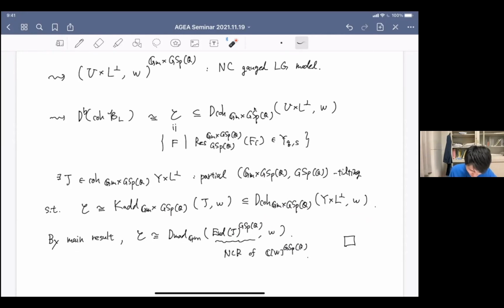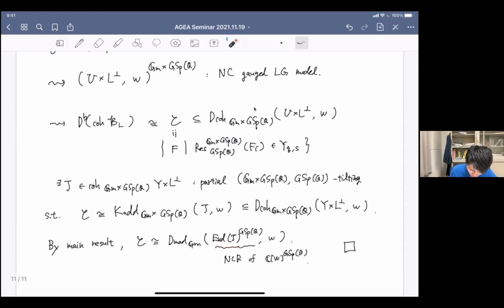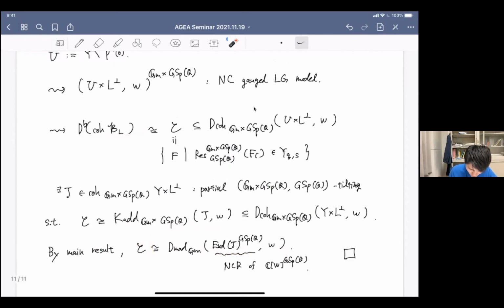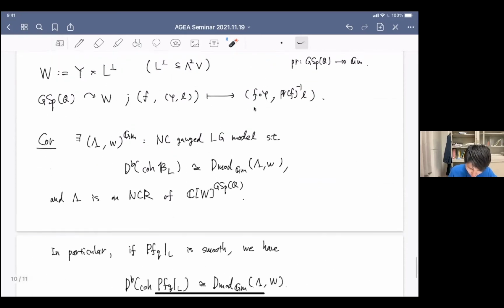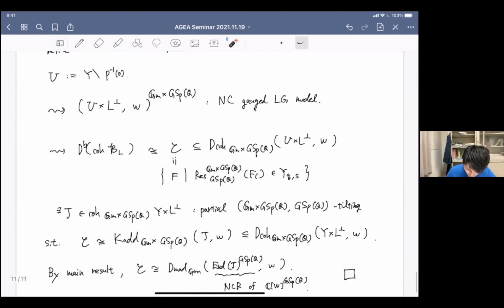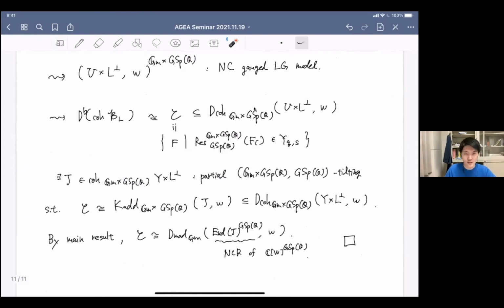So by the main result, this category is equivalent to this category. So we get an equivalence between C and this, and C is equivalent to this category. So we obtain an equivalence of these equivalences. So I stop here.